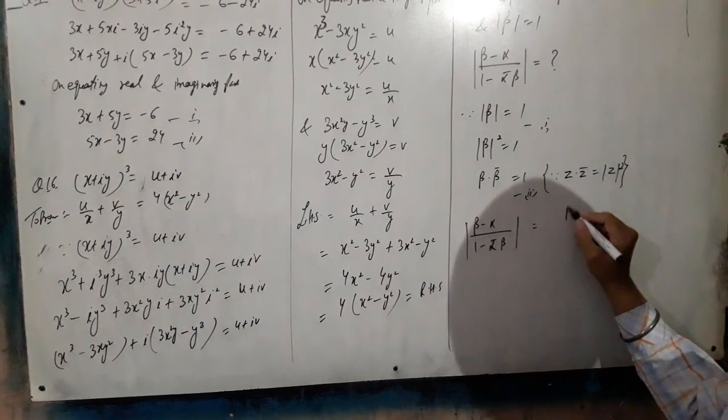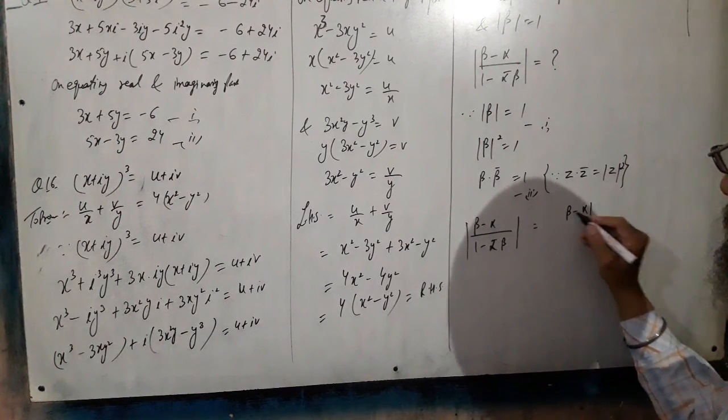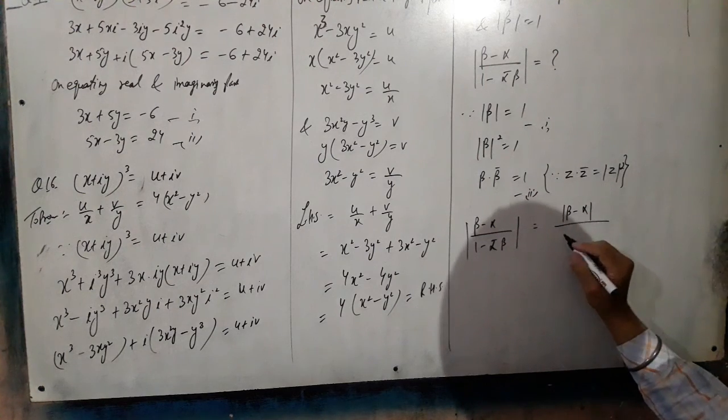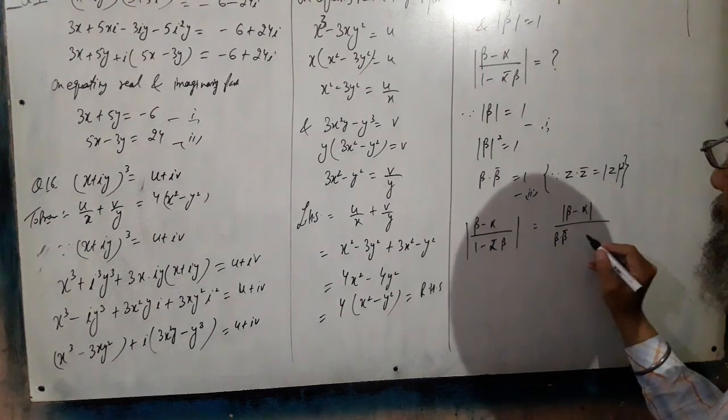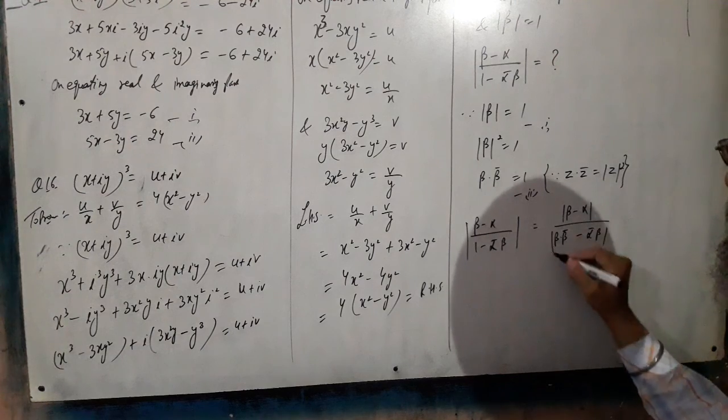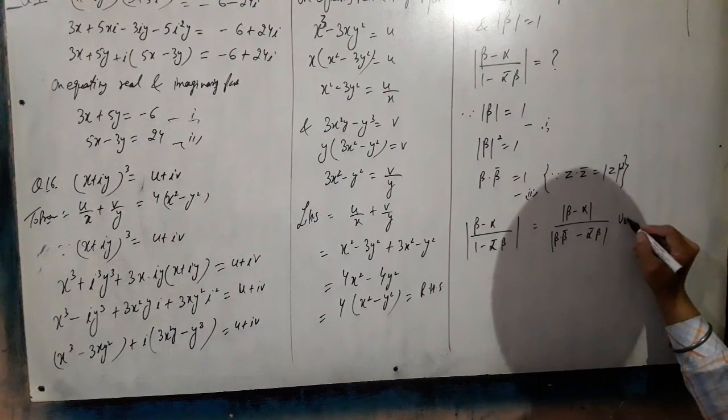Writing it separately, beta minus alpha in a mod. One is written as beta into beta conjugate, minus alpha conjugate beta, using the second.